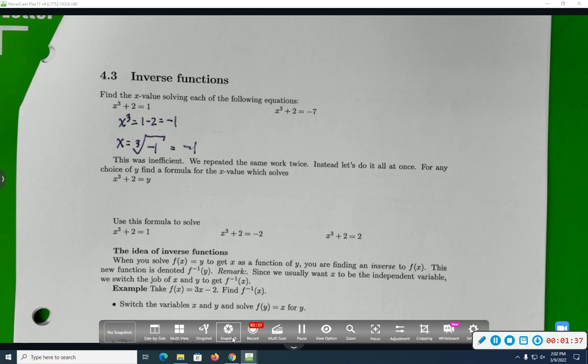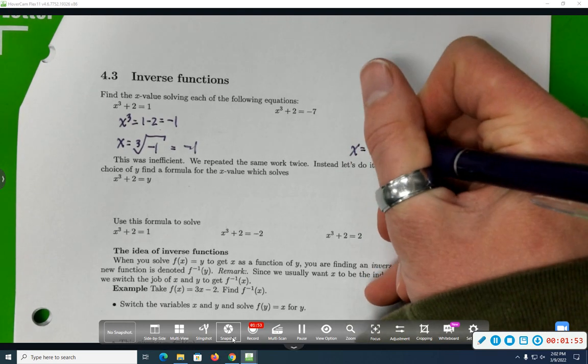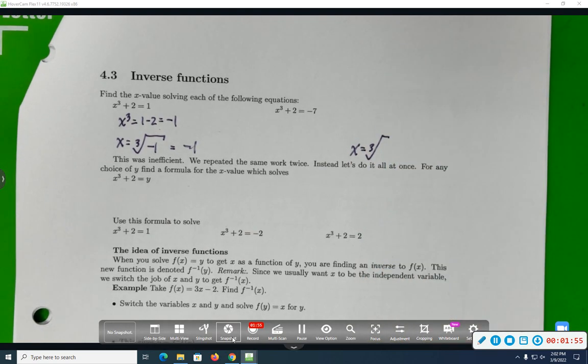Now x cubed plus 2 equals -7. Do you think that would take some similar steps to solve? Probably, yeah. Tell me, what is the solution to that equation?